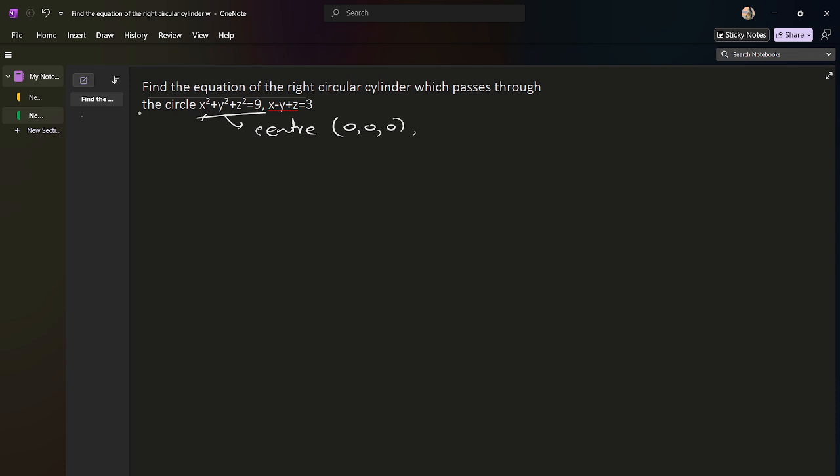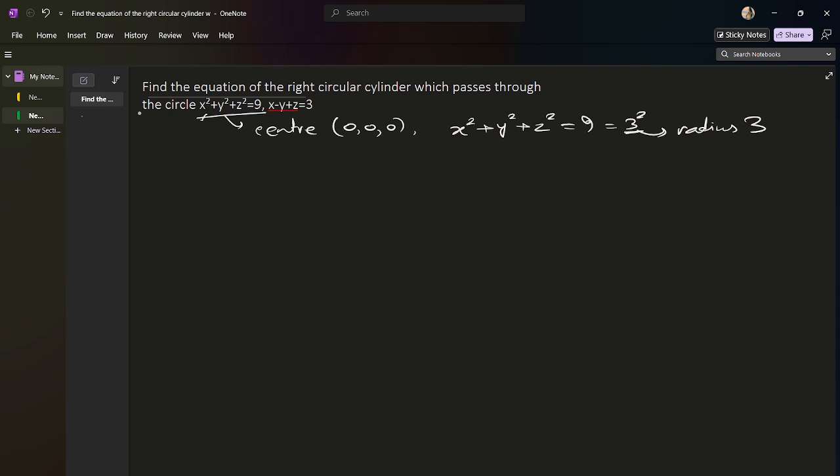As we can rewrite it in this form, the radius of our sphere will be 3. Now the intersection of this plane with the sphere defines the circle. So the equation of the sphere represents this, and the radius is 3.